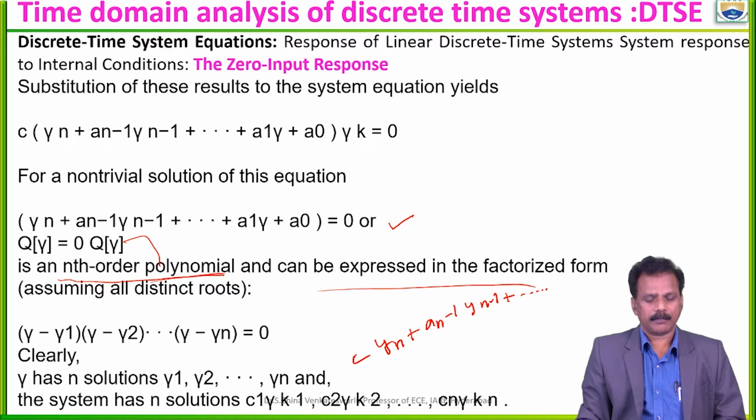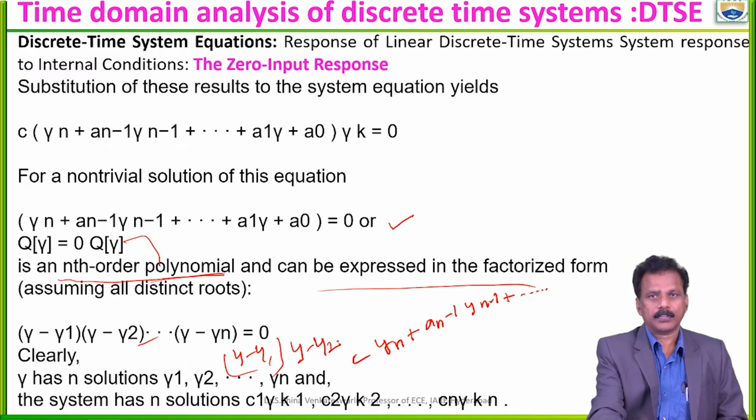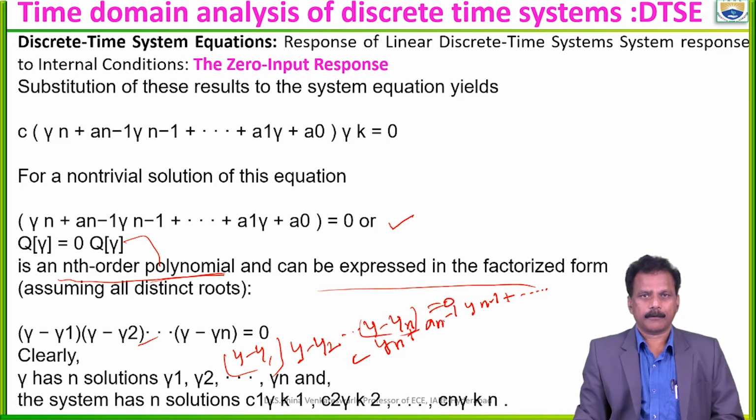You can consider y minus y1, y minus y2, and so on, y minus yn is equal to 0.